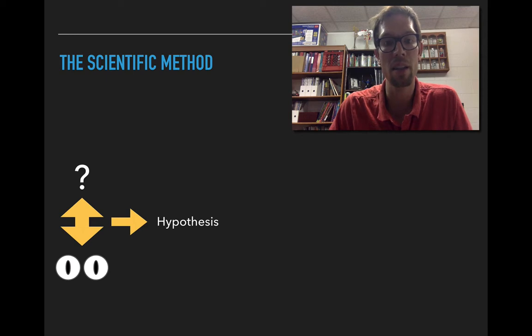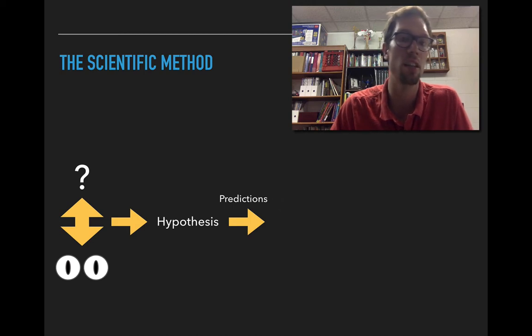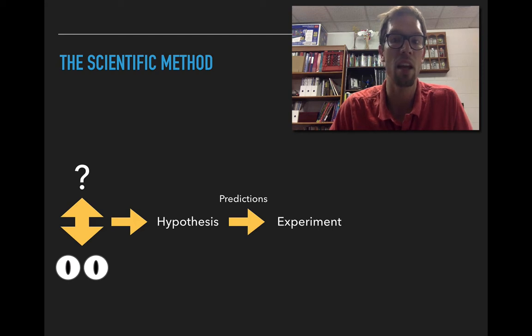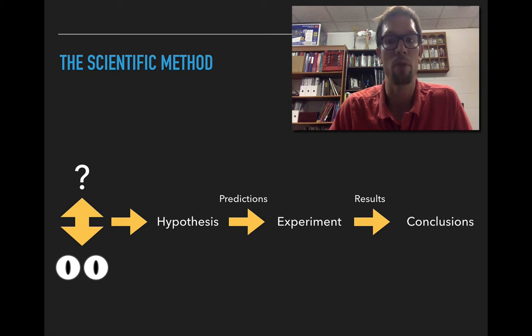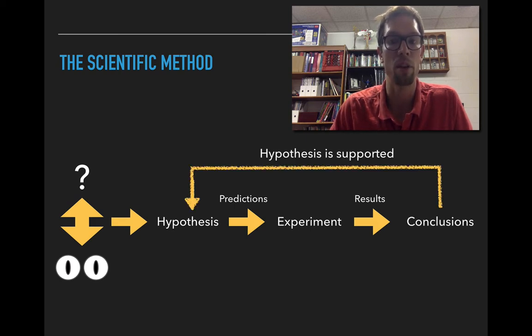So your hypothesis is really a testable answer to the question that you generated. And then once you have your hypothesis, you'll find that there are certain predictions that can come from your hypothesis. These predictions then allow you to design an experiment. And the experiment will give you results that allow you to come to conclusions.